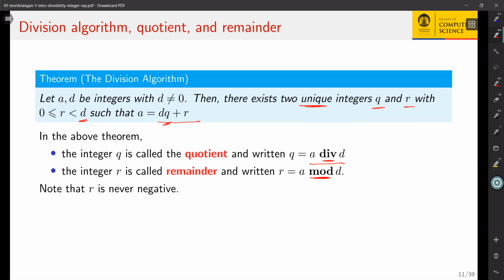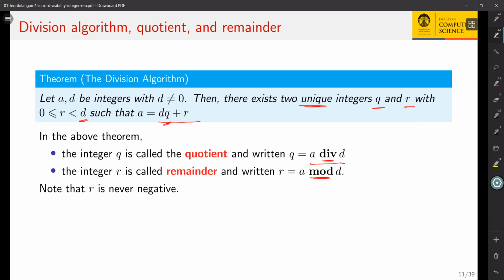Now, let me ask a question. Does A have to be greater than D? No, sir. Could you give an example where A is not greater than D?